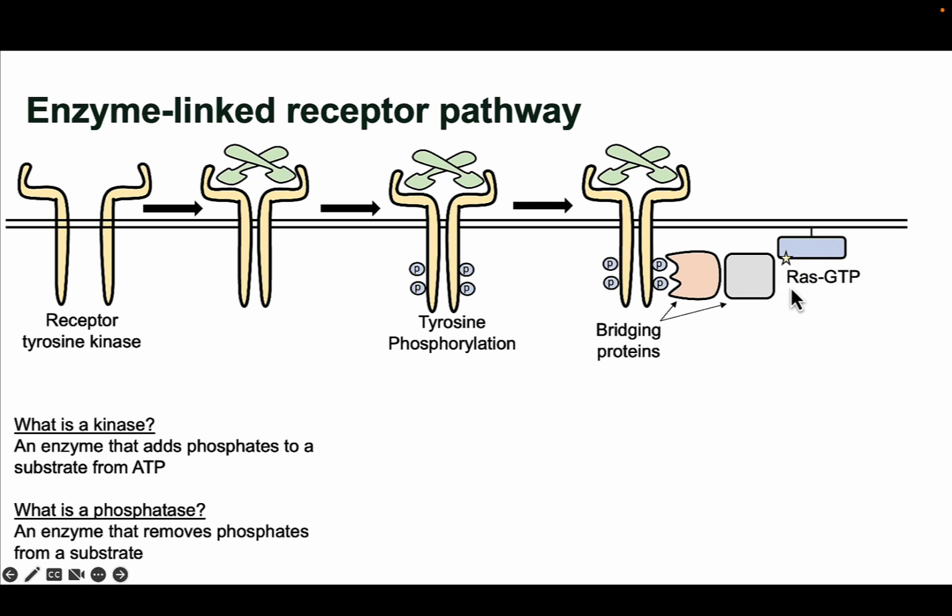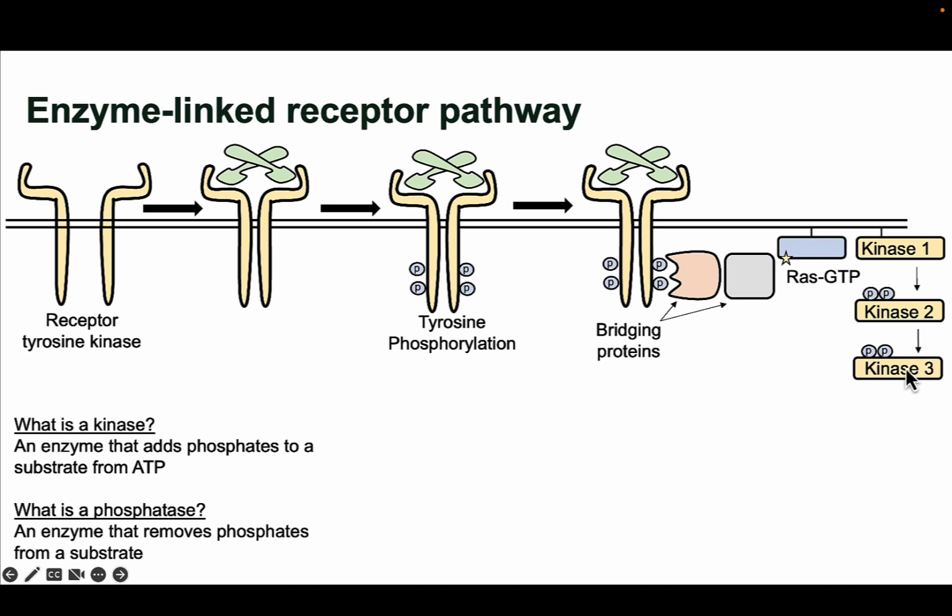And this G protein is called RAS-GTP. It's going to be active when it's bound to GTP and inactive when it's bound to GDP. So this is showing that it's active and bound to GTP. And this is going to cause a phosphorylation cascade. It's going to activate kinase 1, which is going to phosphorylate kinase 2.